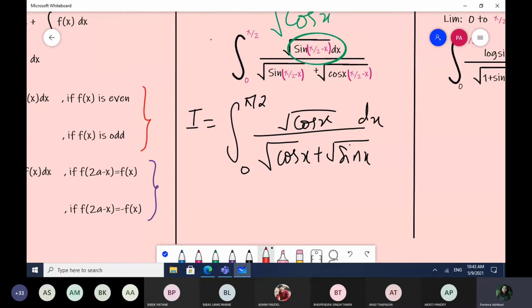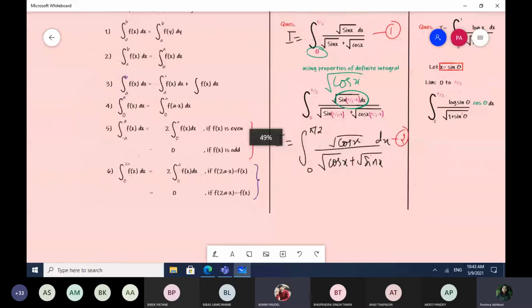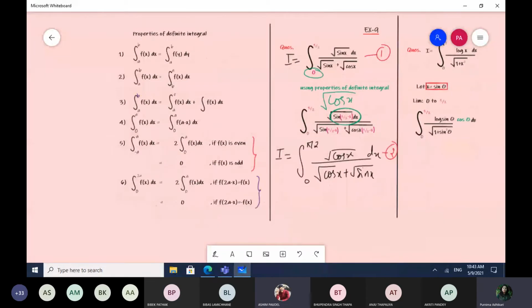Let's make it the second equation. Now tell me what will be your next step to find the value of the integral. Adding both 1 and 2, 2I equals, exactly, the integration of 1 dx.